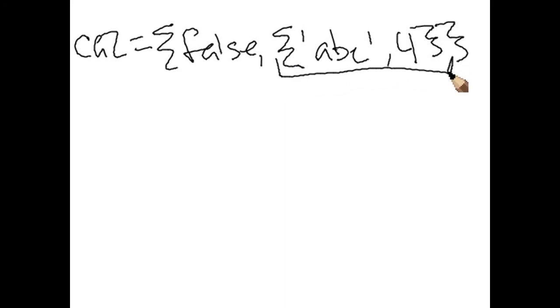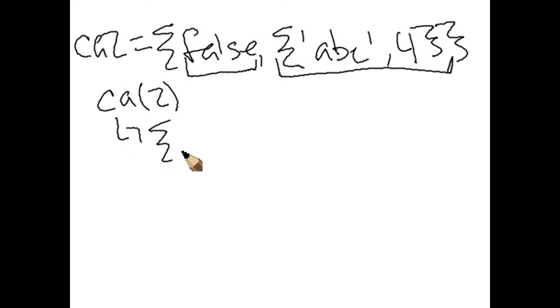So this whole thing is 1, and then this false is 1. So remember that this cell array only has a length of 2. So if I index cell array parentheses at position 2, that's going to return the whole nested cell. So it'll return a cell containing the cell that has the string ABC and the number 4 in it.